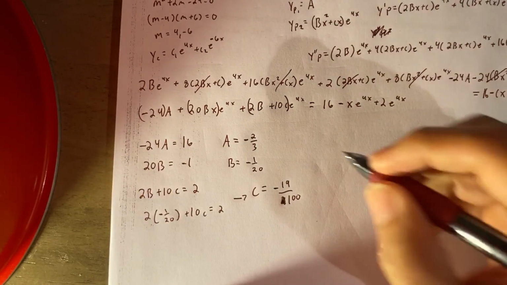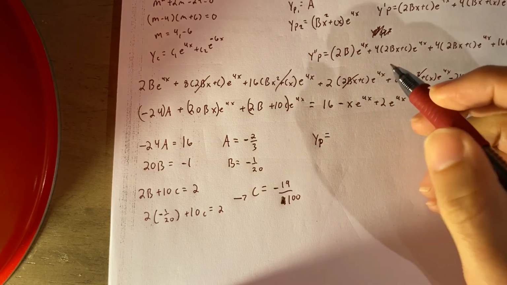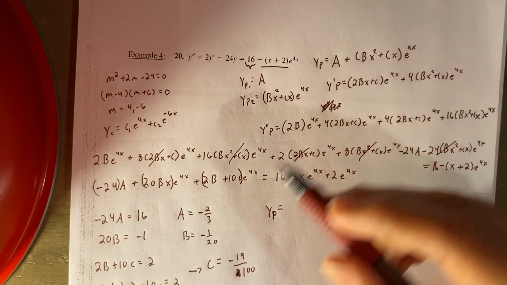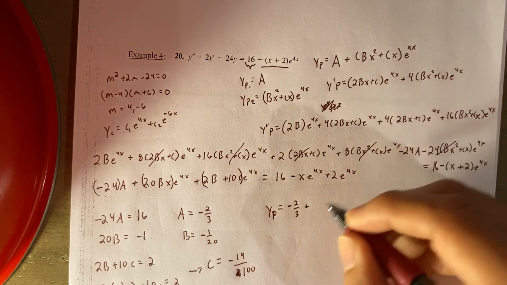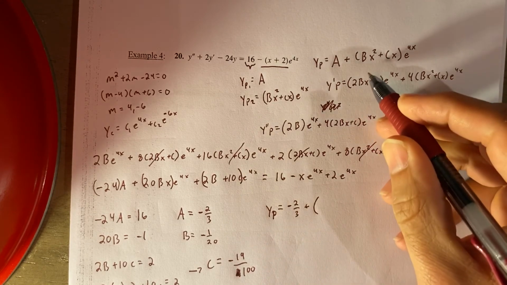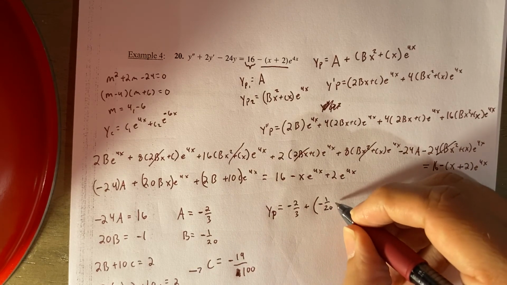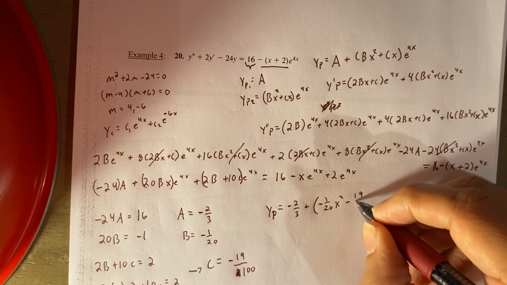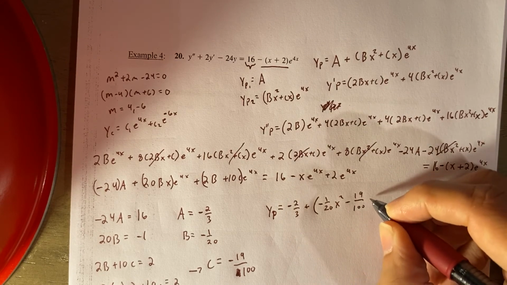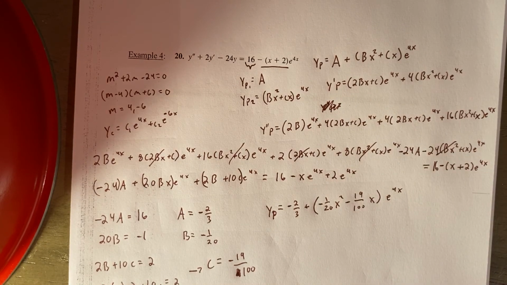And so then our y sub p is going to be equal to, remember up here it's a, which our a is negative 2/3, so negative 2/3, plus b, which is going to be negative 1/20 x squared, plus c, which is minus 19 over 100 x e to the 4x.